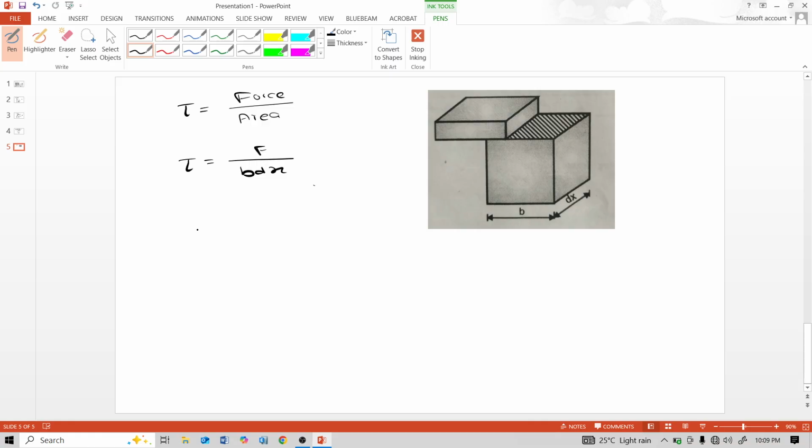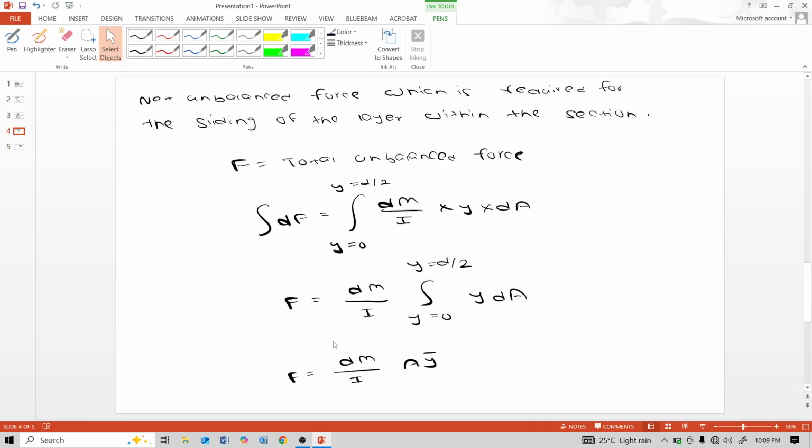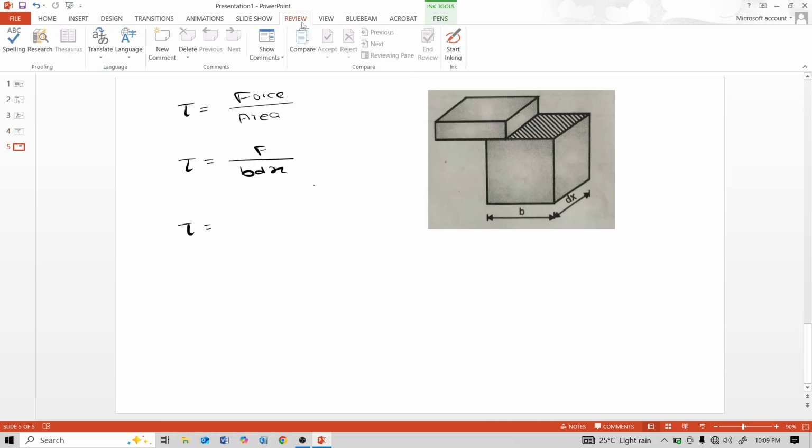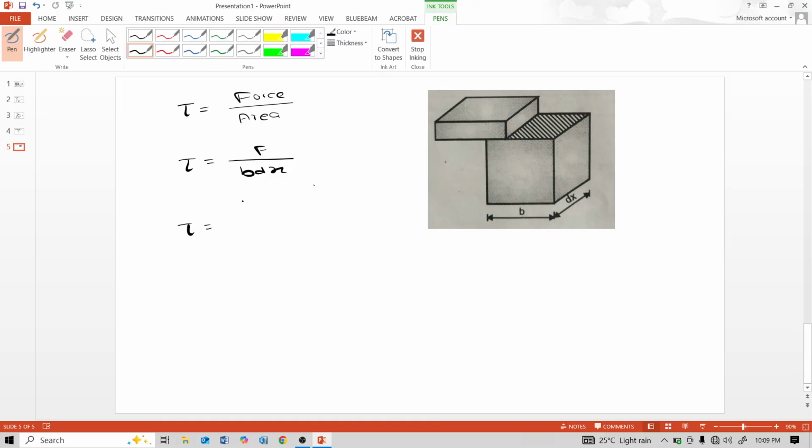This force is nothing but dM upon I into A y bar, upon b into dx.